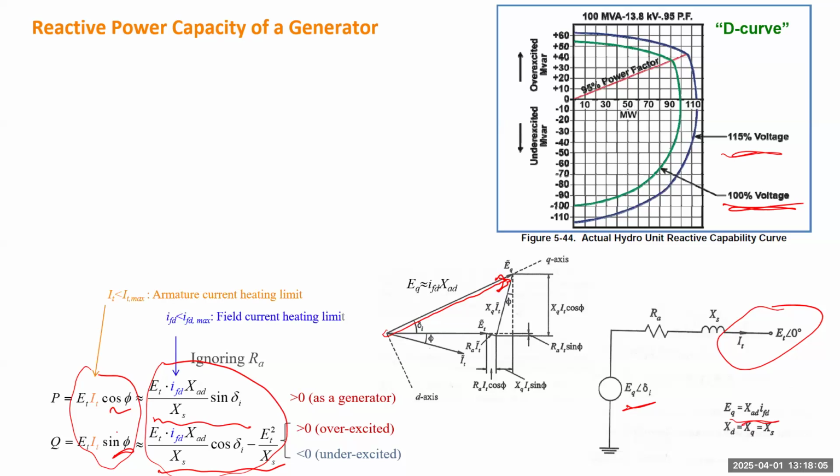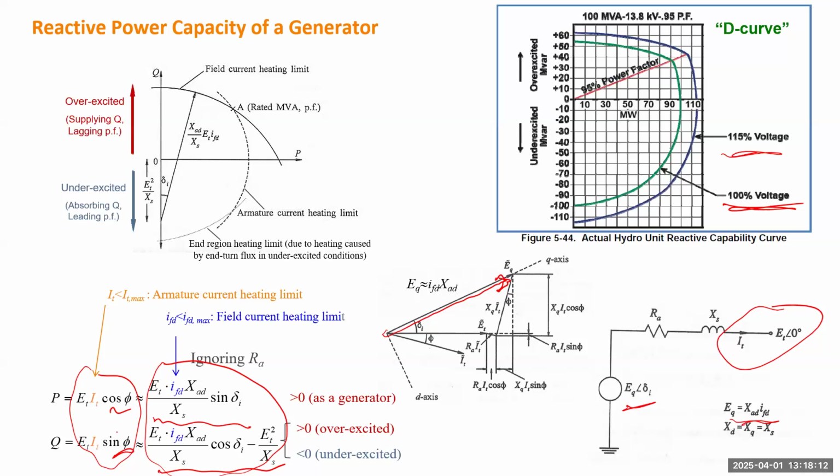If we consider both limits, for the terminal current and for the field current, we can actually draw two circles, because each side of the formula describes a circle in polar coordinates, right? Phi will be the variable to change, and this product, which is the apparent power, will be constant. So that indicates the radius of the circle. That is this radius.